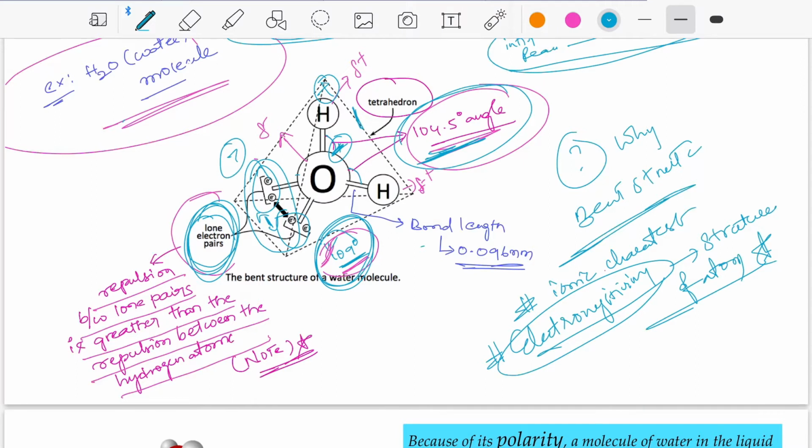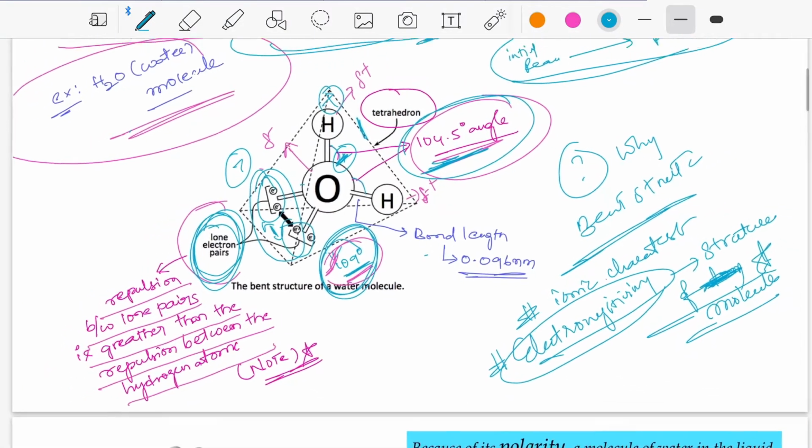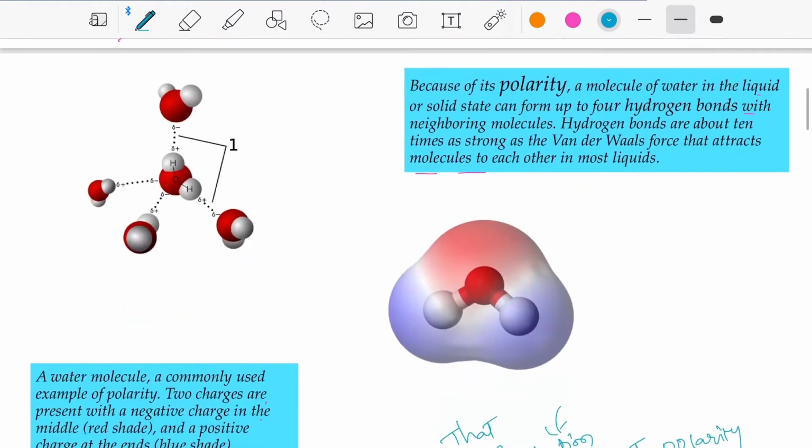The atoms are arranged in a manner to form a molecule, but how the atoms arrange is a part of so many forces, so many things in the molecule. Okay, let's go to polarity. We discuss polarity in detail.